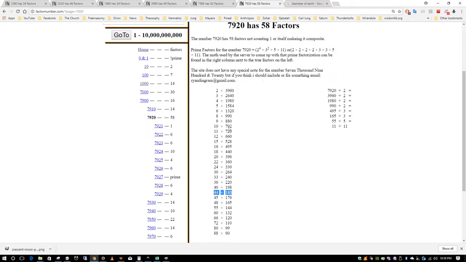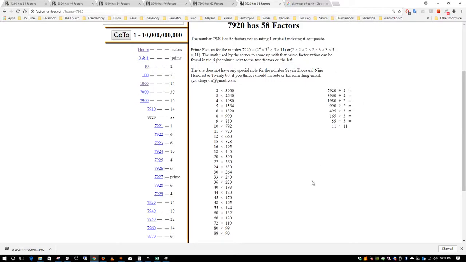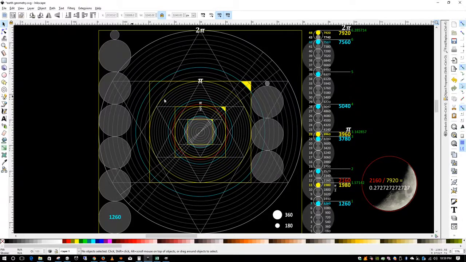And then 7920 has a factor of 11, and that's our 2 pi. So you can see that all of these have the divisors that they should when we take a look at the actual number itself. So when we flip back over here and look at this thing, we can look at this 1260 right here and know that that's definitely a 7. We can look at the factors and tell that that's a 7.